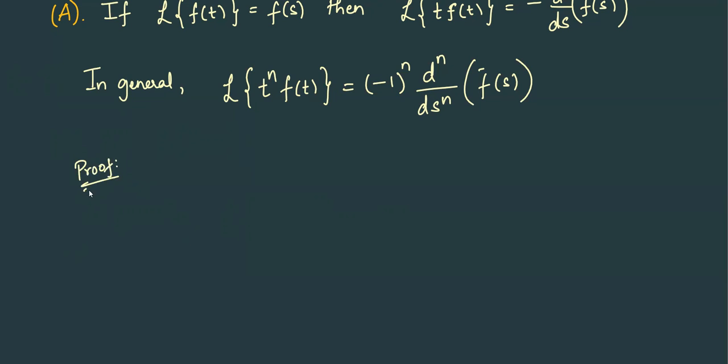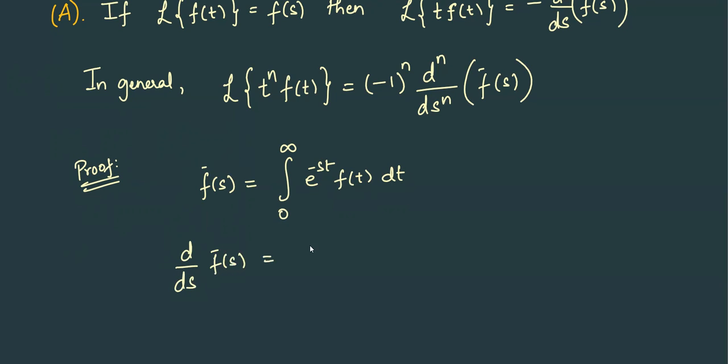I'll not do it for everything, just so that we get the confidence of this. So we know that the Laplace transform is the integral from 0 to infinity of e power minus st f of t dt. Now if I differentiate this partially with respect to s, I'm not going to differentiate with respect to t.